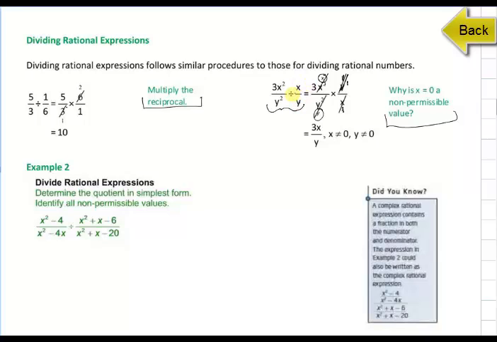But as soon as you multiply the reciprocal, you notice that the x is in the denominator. Okay? So we also have to include our x as a consideration for a non-permissible value, and so then we have to say that x can't be 0 and of course y can't be 0. Okay, so I'm going to end this little video here and we'll take a look at example 2 in the next one.